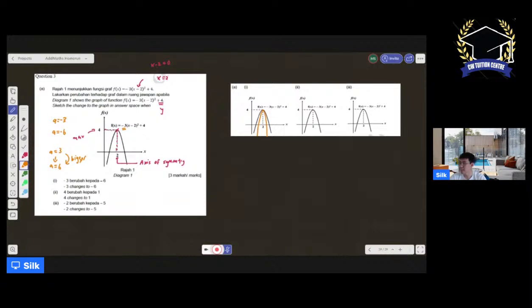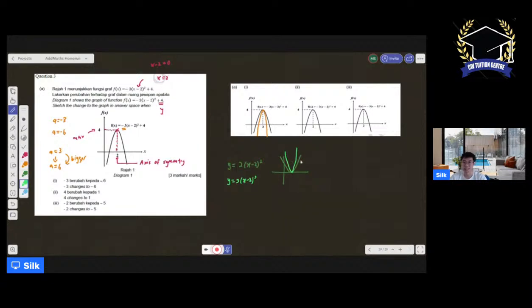Okay, is there any questions? So if positive, let's say y equal to 2 times x minus 2 squared, so this is my graph. Kalau positive ya, this is my graph. But suddenly become y equal to 5 times x minus 2 squared, dia jadi semakin kurus.